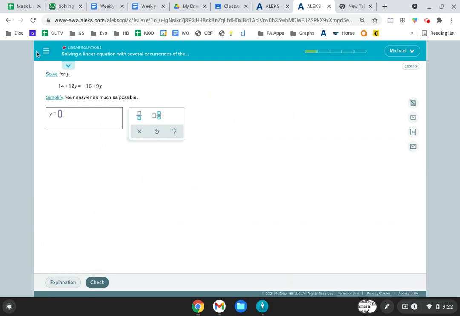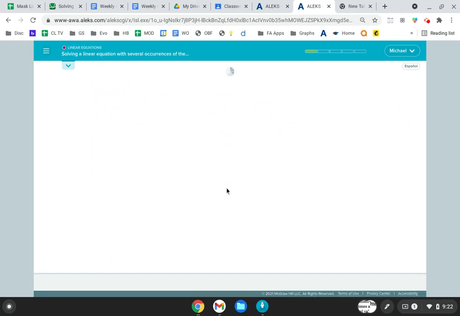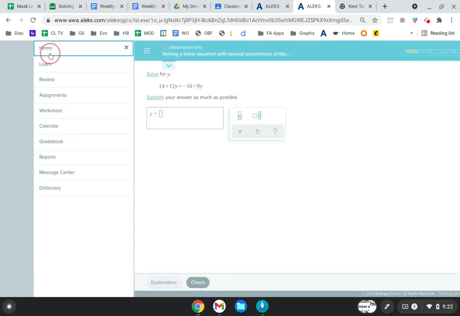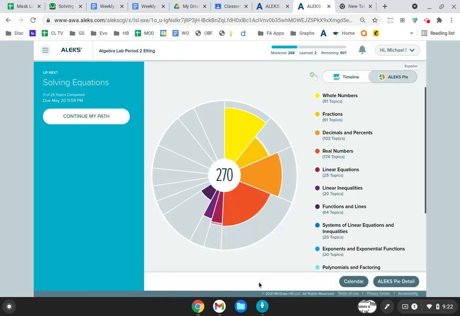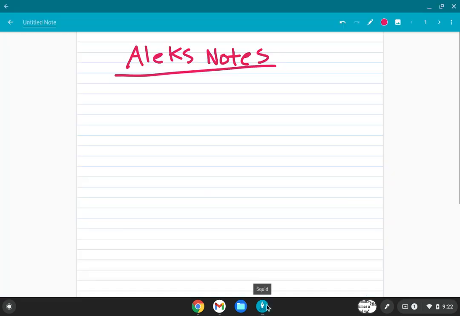Some people like to go back to their pie slice and actually make a table of contents in their notebook. I'm not asking that you do that. You can see all of the units listed here. If you wanted to, you could go through starting with linear equations and write down equations, inequalities, functions, systems, exponents, polynomials, quadratics, et cetera, and literally assign some page numbers.